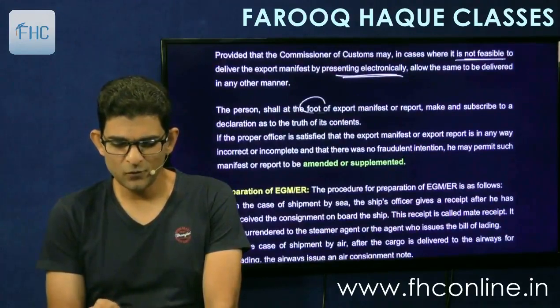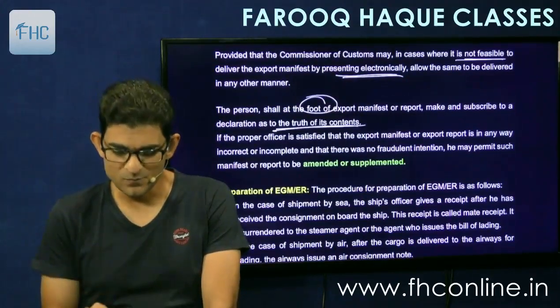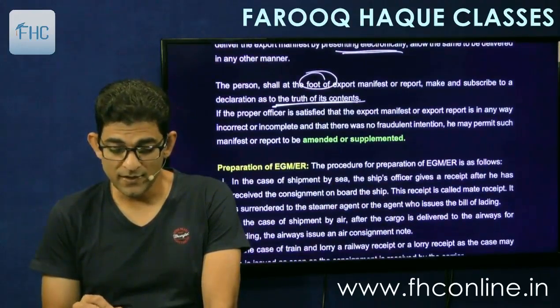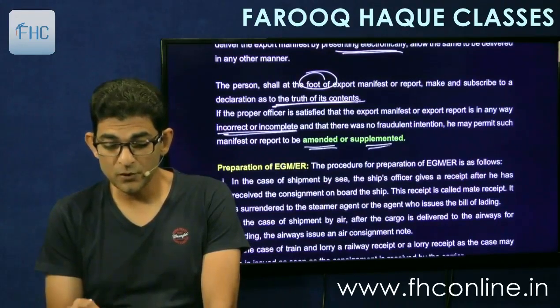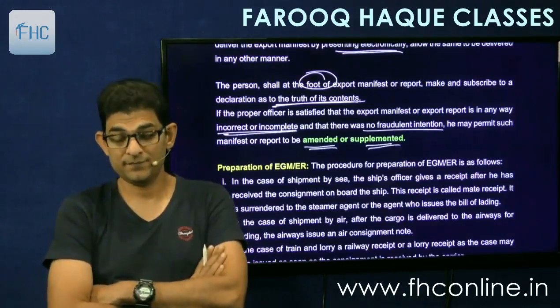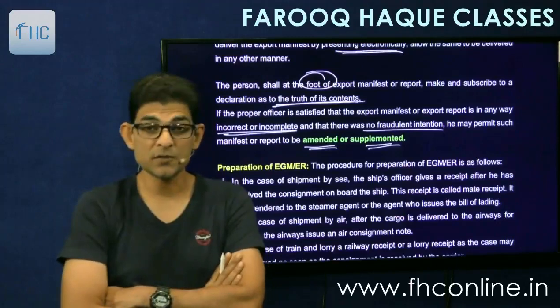And at the foot thereof, you have to mention the truth of contents, obviously. And if there is any error or it is incomplete, then it can be amended or supplemented if there was no fraudulent intention. If it is not a fraud case, then it can be amended or supplemented.